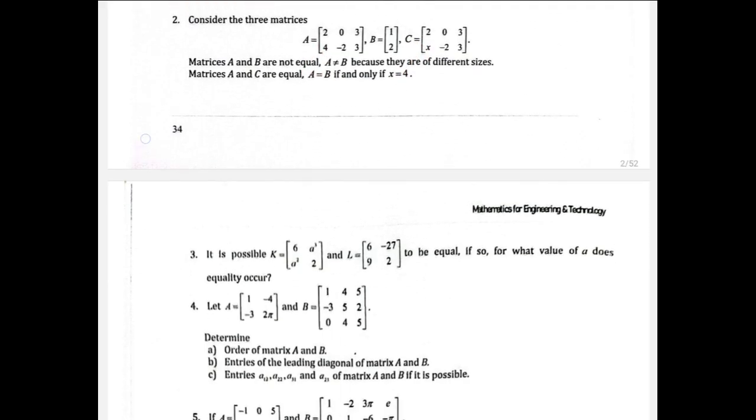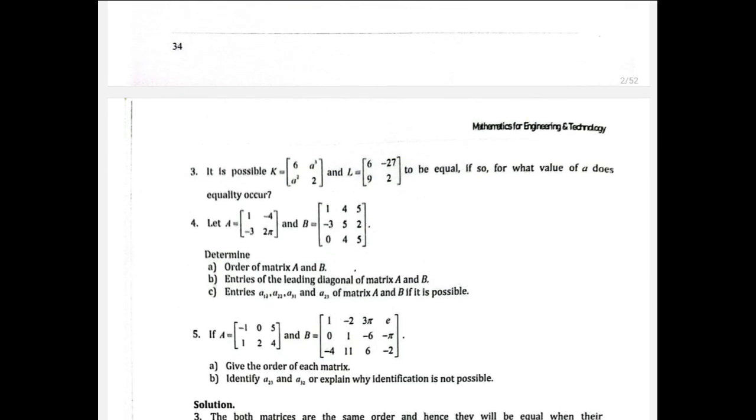Next, let's try this. Two matrices K and L are to be equal. So, what is the value of a that is to be substituted to make it true?